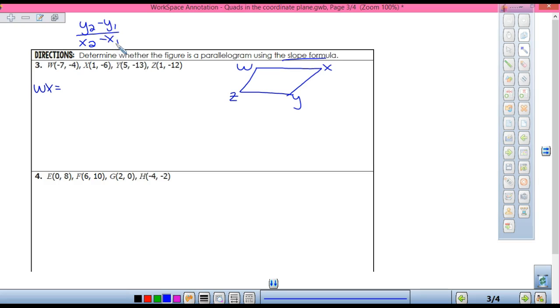So my y2 is negative 6 minus, so that turns into a plus 4 over 1 plus 7, because it's 1 minus a negative 7. So on top I have negative 2 over, which gives me negative 1/4 for WX.